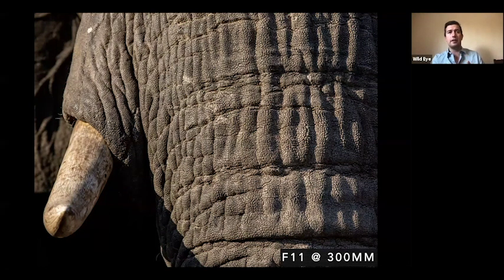I think a lot of the time on photographic safaris, we almost go for an overall setting, if that makes sense. We all say, okay, shoot this at f8 or shoot this at f7.1, but don't let that stop you from being creative in your own way. Okay, so my idea behind this was to give you an idea of what you can do creatively, and then you put your own spin on it.